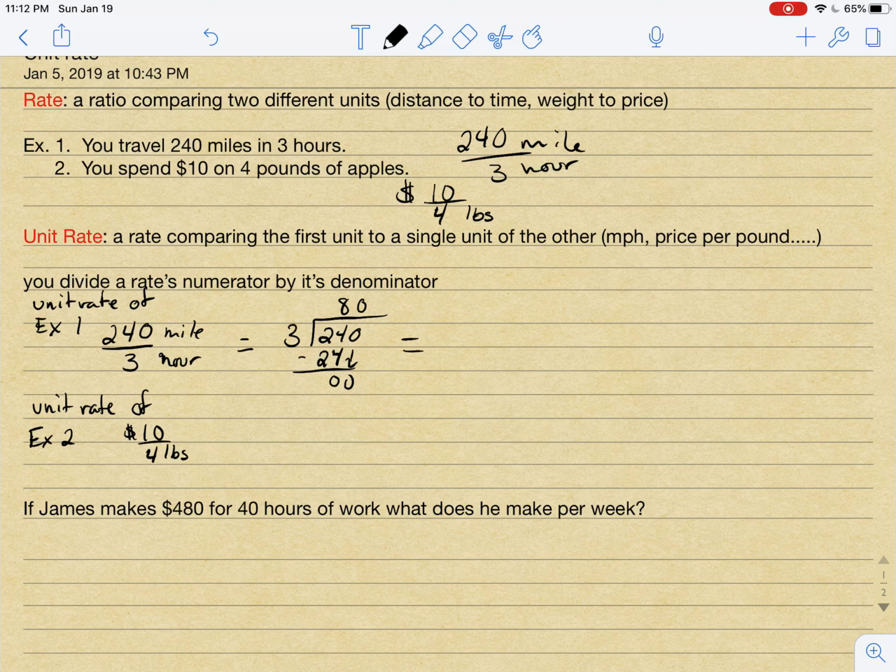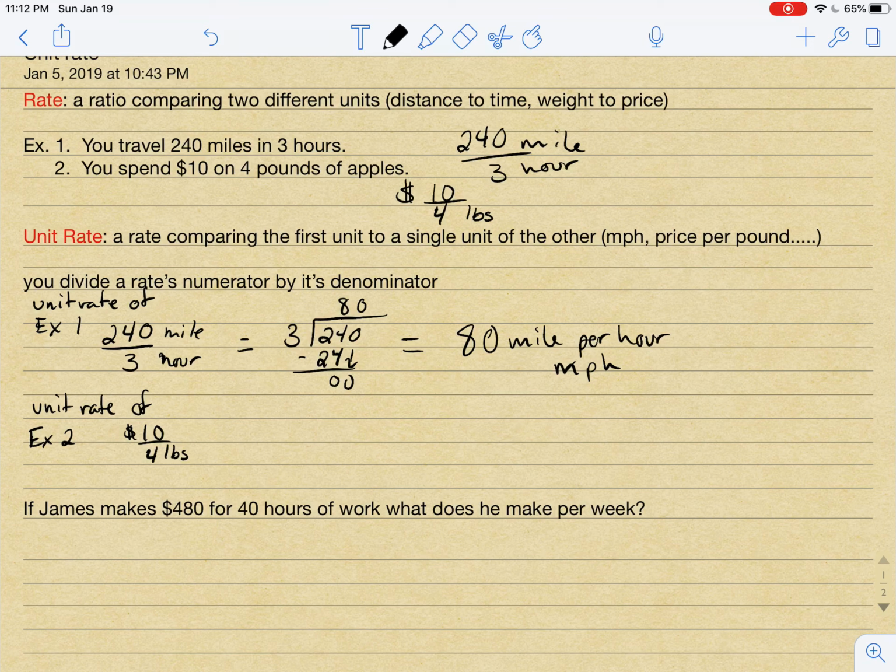So that tells us that you're going 8 miles per hour. Or you're going 8 miles in 1 hour. And miles per hour is also noted as mph.